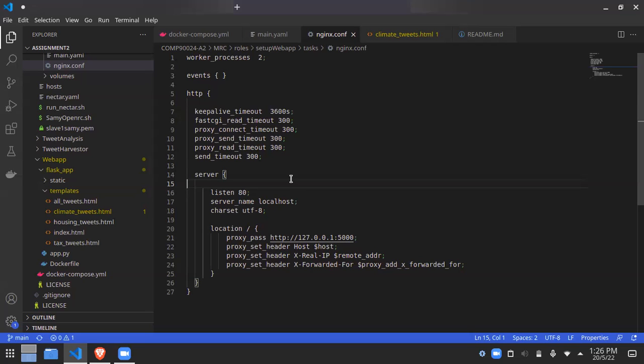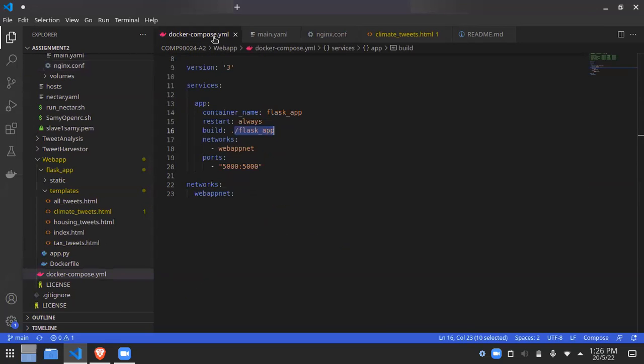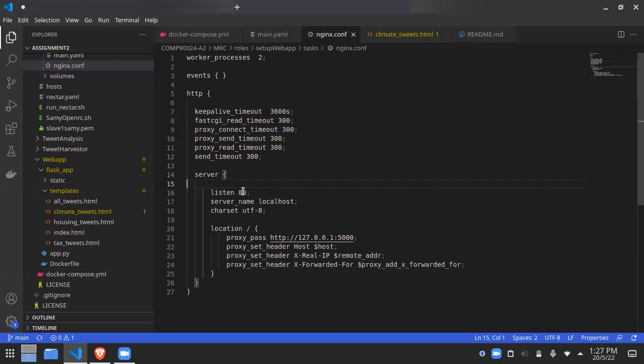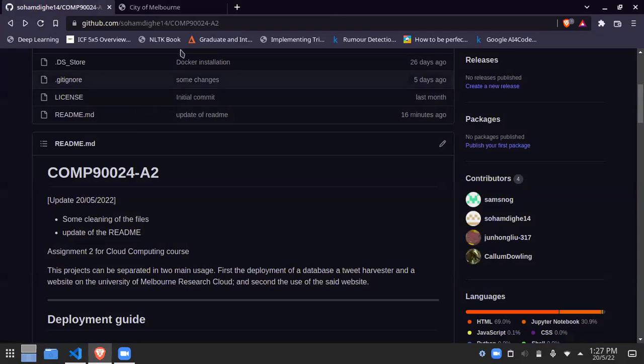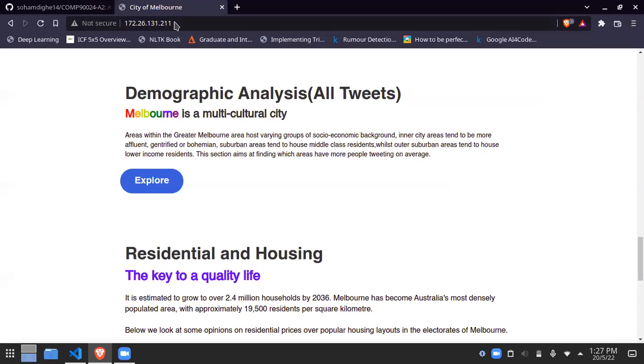So what it does is it maps the local port 5000 with the server port 5000, which is here, and then the server port 5000 with the overall port 80, which is accessed by default to get an output like this.